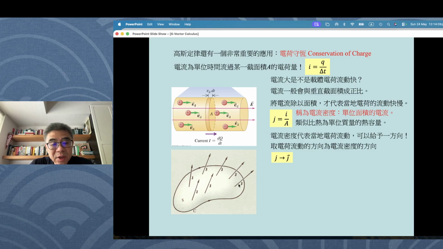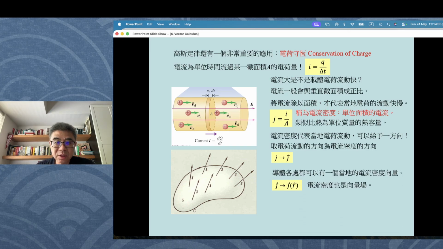So if the current flows like this, that means the J will be different at different places. I can give the direction of the charge moving as the direction of the current density J. Therefore J is elevated into a vector.